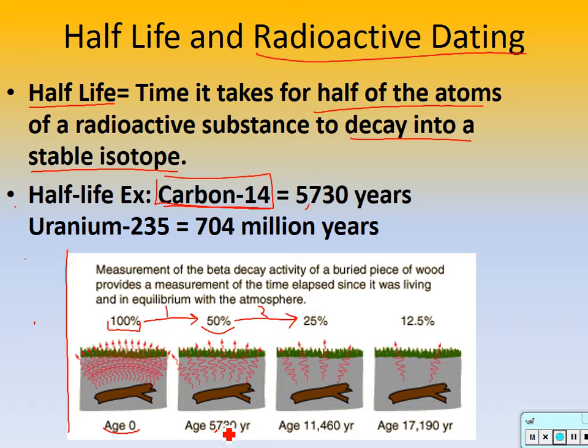So we take 5,730 times 2, and we know it'd be 11,460 years. Well, what if only 12.5% of the radiation is being given off from that log now? Then it's 17,000 years. And that's how they use radioactive dating to date things. So that's one of the real life benefits of radioactivity.